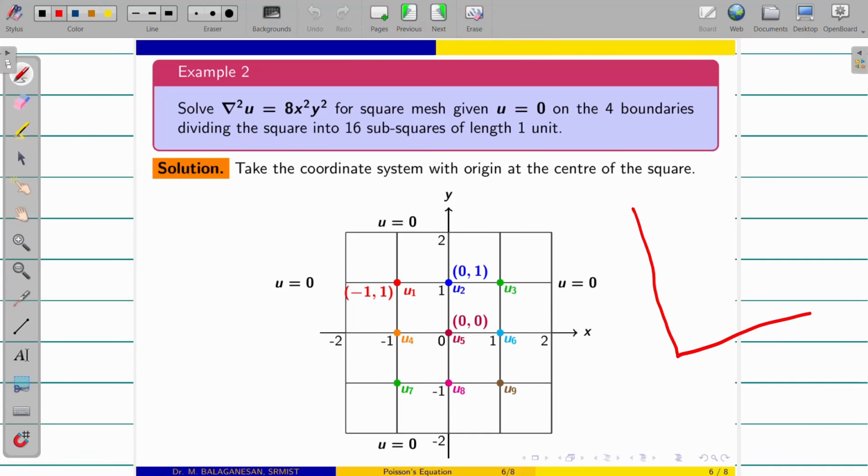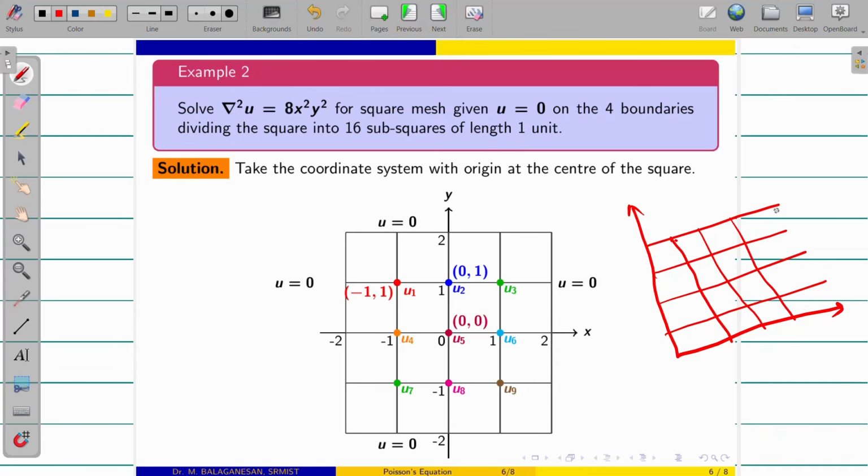I will draw it again so you can get the idea. Y equal to 0, y equal to 1, y equal to 2, y equal to 3, y equal to 4. Similarly, x equal to 0 line up to x equal to 4 line. So totally 16 subsquares are there.